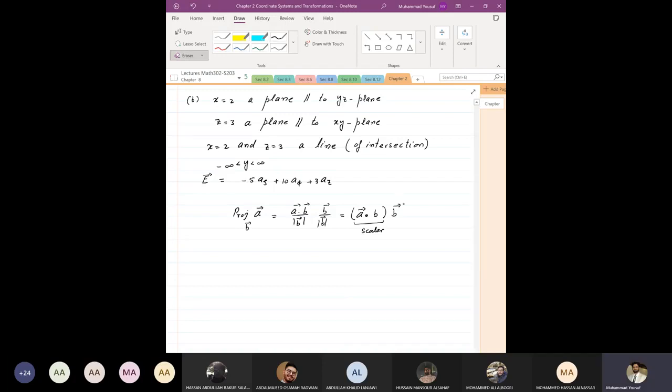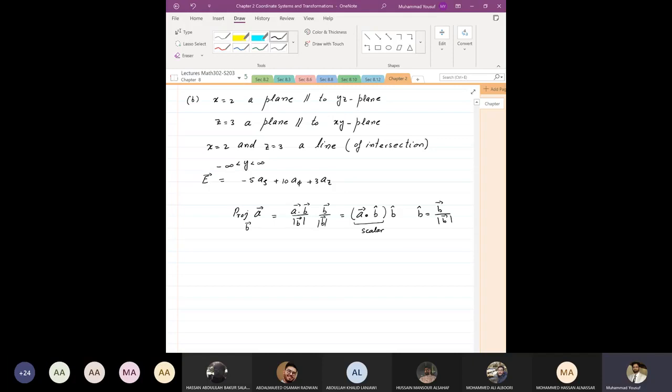Here I should change the notation, so A dot B hat multiplied by unit B hat, where B hat is vector B divided by the magnitude of vector B. So A dot B hat, a scalar quantity, multiplied with B hat.